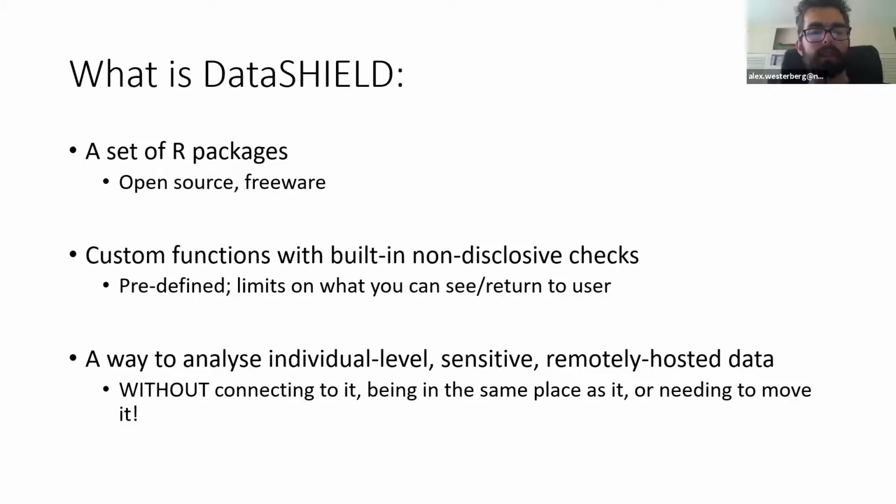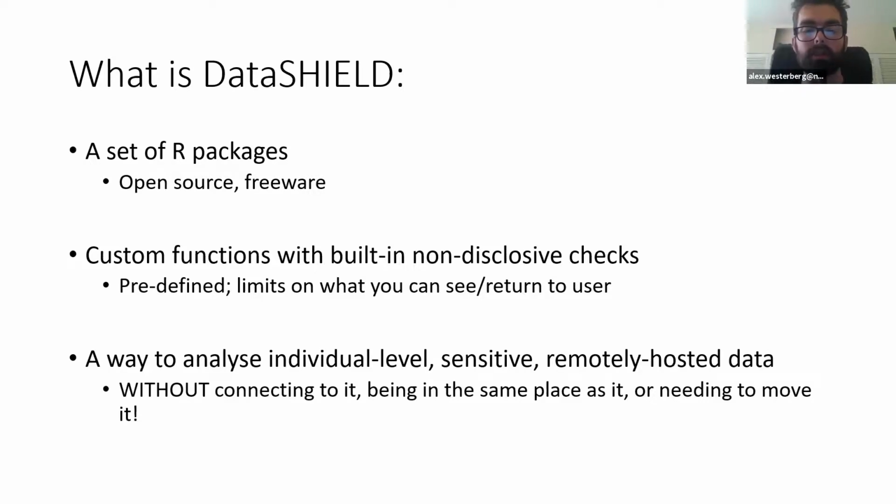Also, we have built custom functions. So this isn't just using existing R functions like mean or anything like that. We've actually re-engineered these functions so that things pass to a server where the data is stored and does the calculations at that end, and then passes back only things that we have calculated that are definitely non-disclosive.